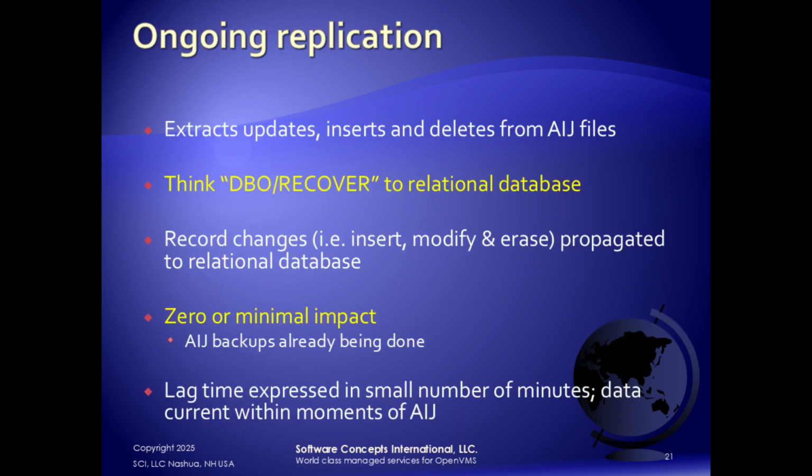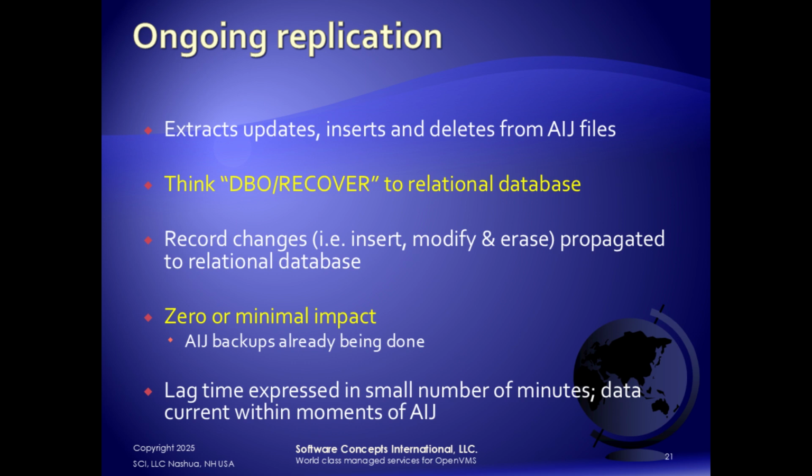The ongoing replication is the part where the log mining takes over, and it extracts all the changes that were made to the production database. We extract it from the AIJ files, kind of the equivalent of the DBO command. It's almost like DBO/recover targeting a relational database in the AIJ files.